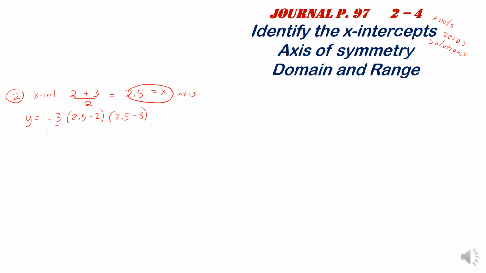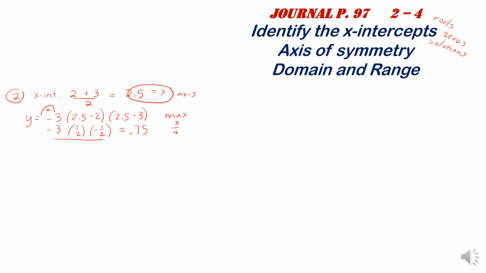And so I'm going to get negative 3 times positive 1/2 times negative 1/2, and that equals 0.75. Don't forget to multiply by the 3. So that's 3/4. So that tells me that since this is a sad face graph, I know that it's a maximum. So my maximum is 3/4.